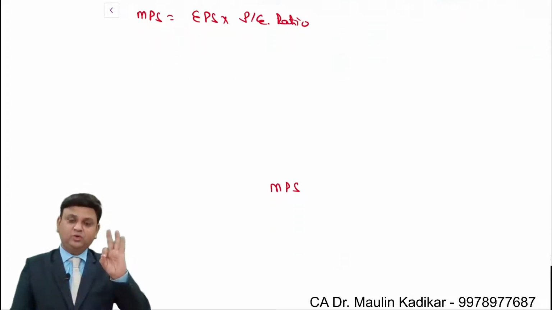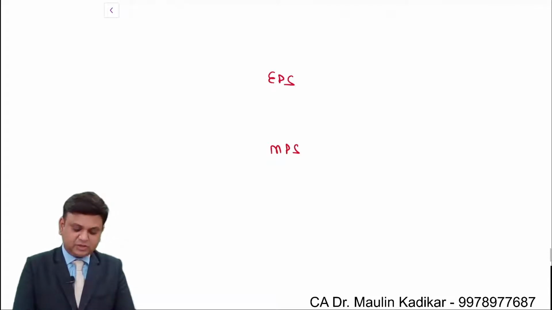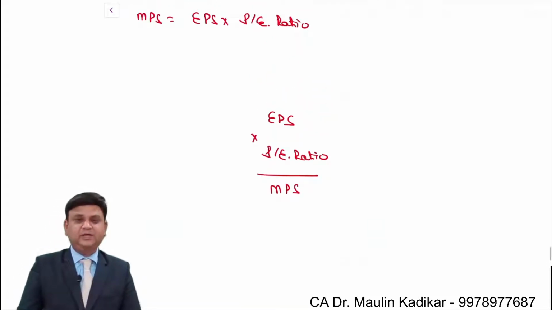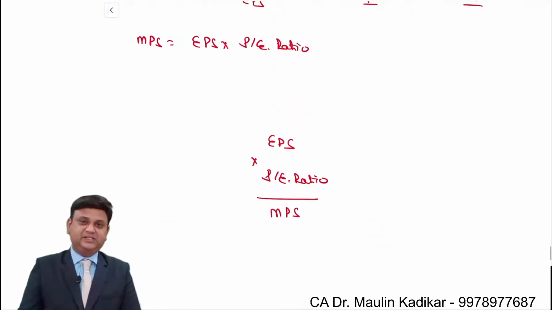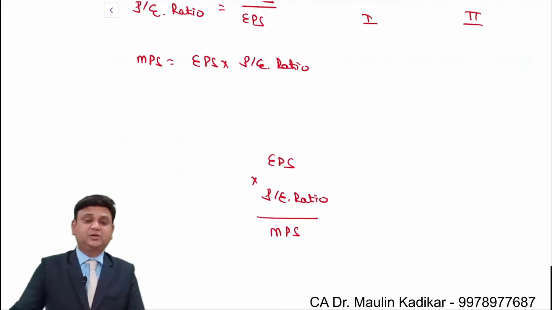As we normally do, we'll calculate EPS and multiply it with the price earning ratio. The multiplication of both of them would be MPS. That is the way, for each plan, we'll calculate earning per share.